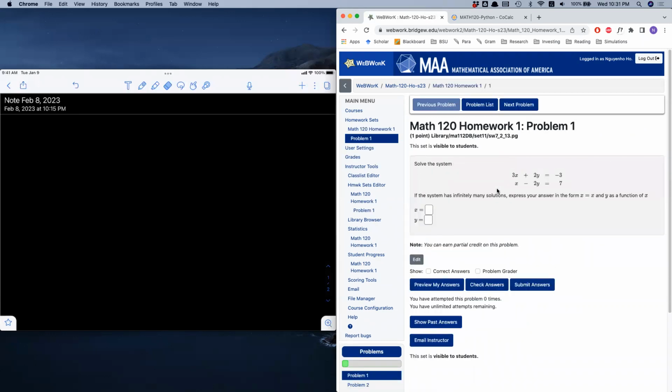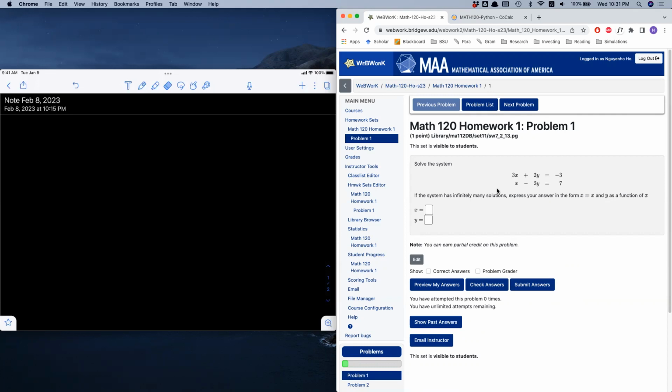In this problem, you are given a system of two linear equations, and the question asks you to find the solutions. At this point, you have multiple ways to obtain the solution. You can use the substitution method, the elimination method, as well as the Gauss-Jordan elimination method.